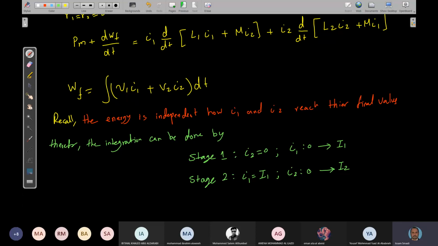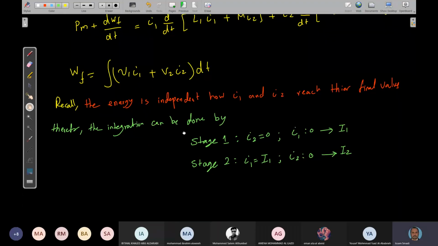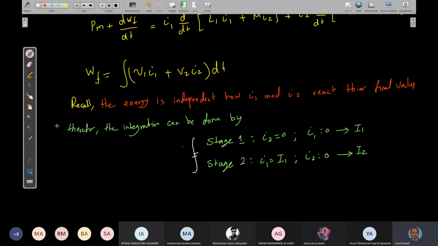Of course, there is no meaning of I1 or I2. I1 can be I2 or I2 can be I1 because 1 and 2 are labels, you know that. So this means that I can also do the integration using the following stages.